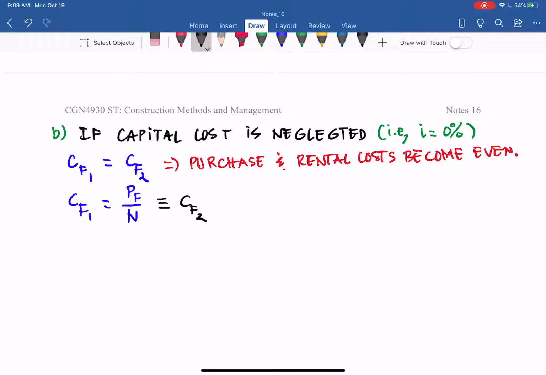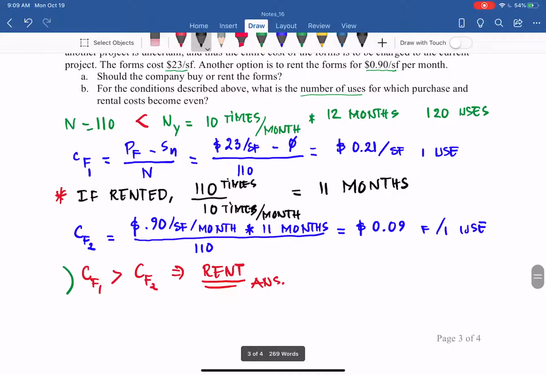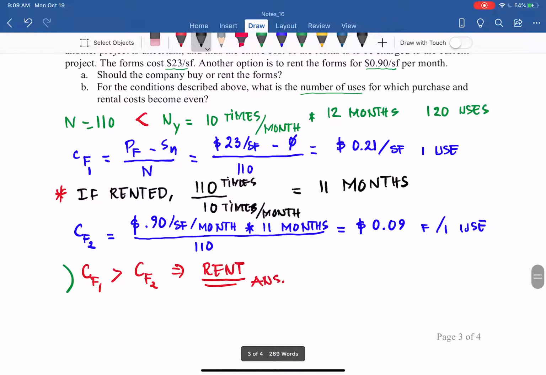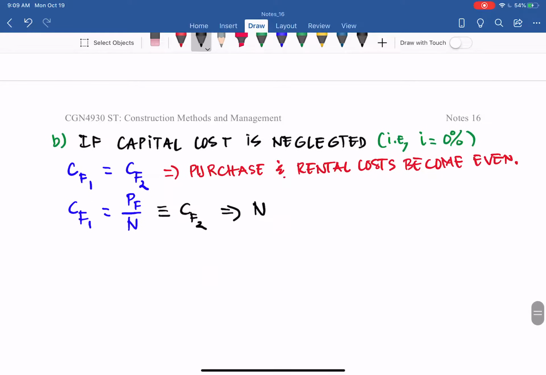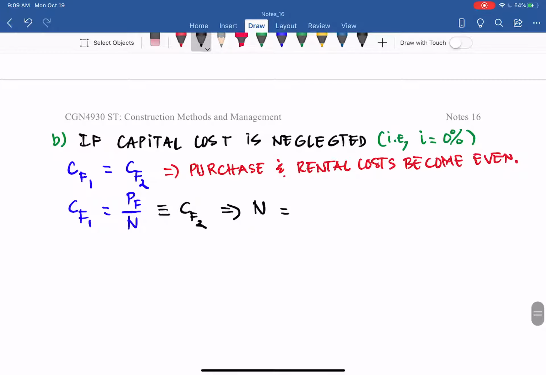So what does that mean? We can find out the number of uses, that is the question asked in B. What is the number of uses for which the purchase and rental costs become even? So we have N equal to PF over CF2, because CF1 equals CF2.